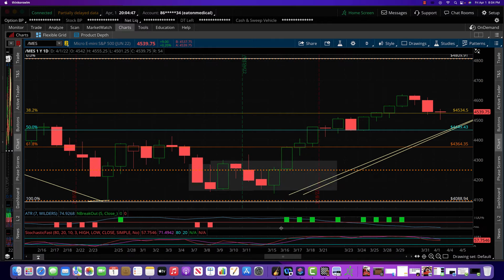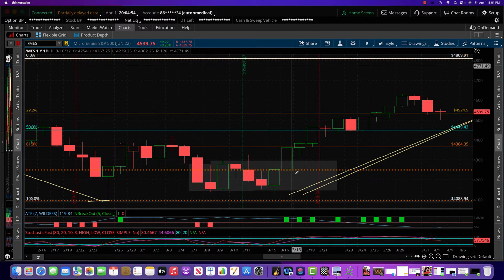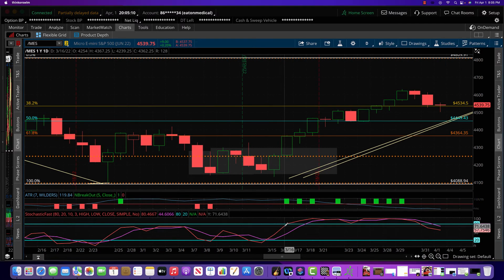Okay, correlate that with your stochastic. And notice that in the second higher high day, or this second range, where are you coming from? You're coming off the lows. Stochastic is a little more, the fast is above the slow, right?